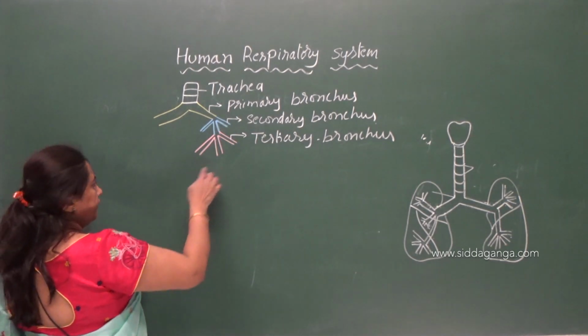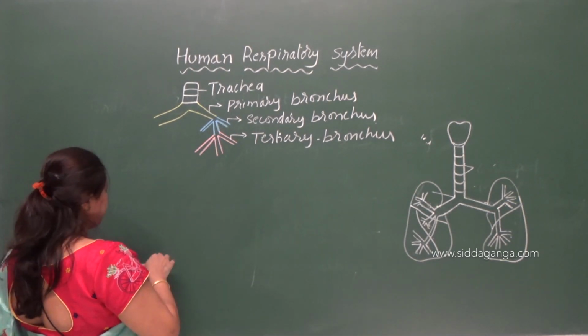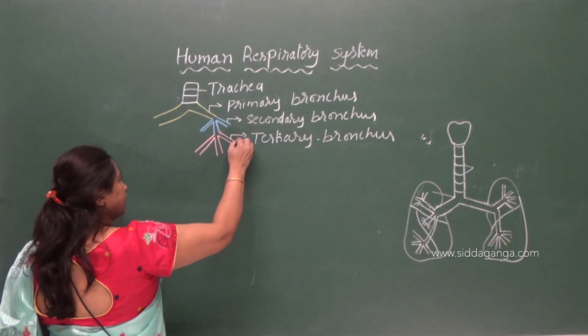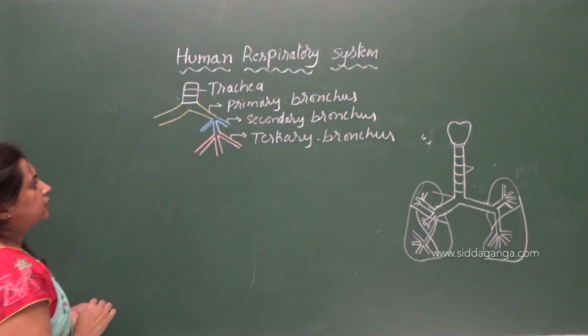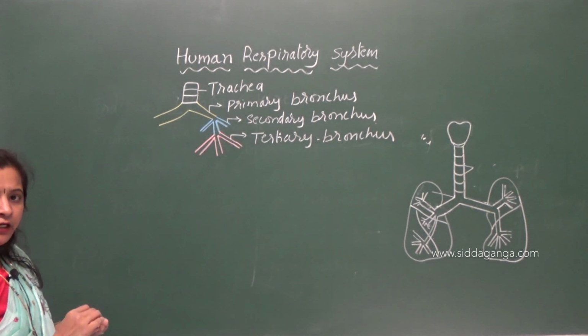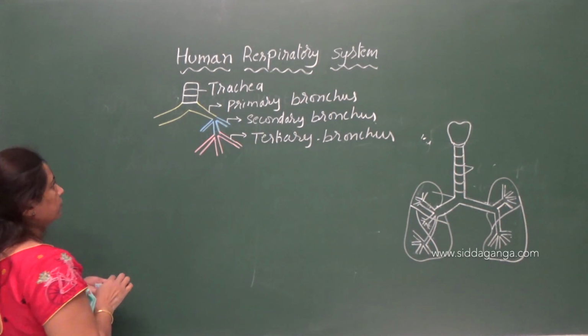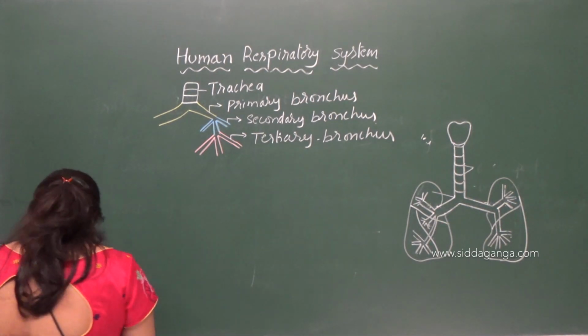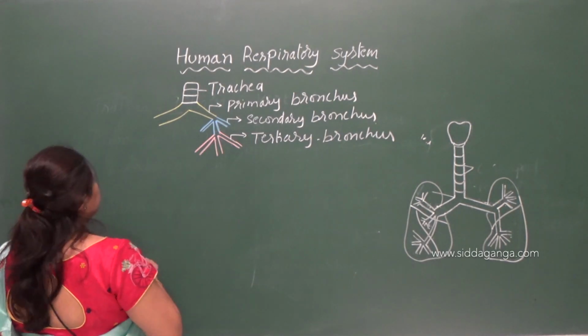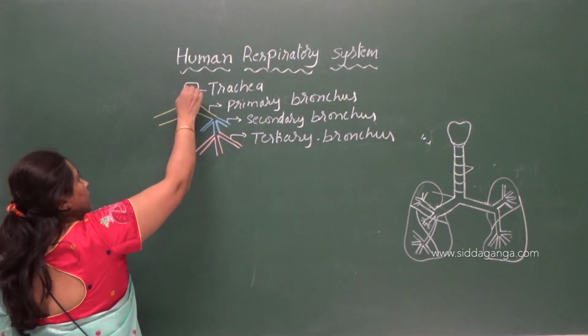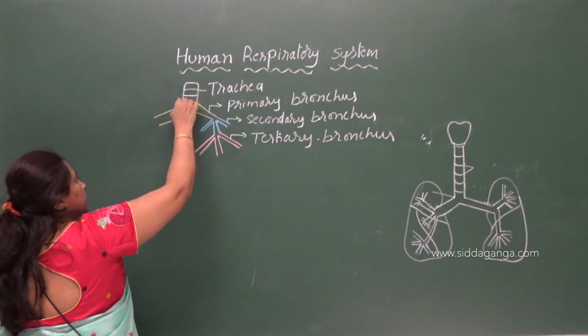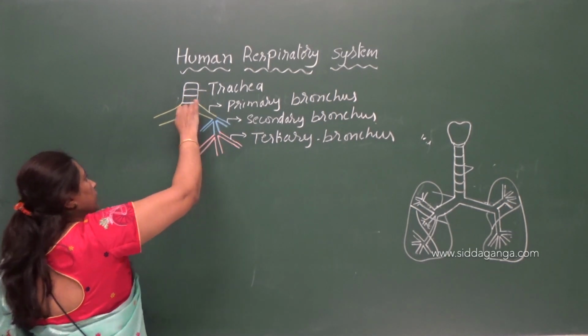Okay. Now, up to this region you will find C-shaped incomplete cartilaginous rings. C-shaped incomplete cartilaginous rings are also present in the trachea.